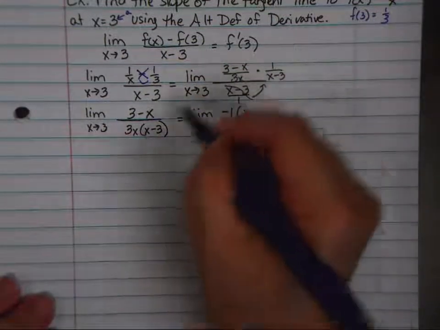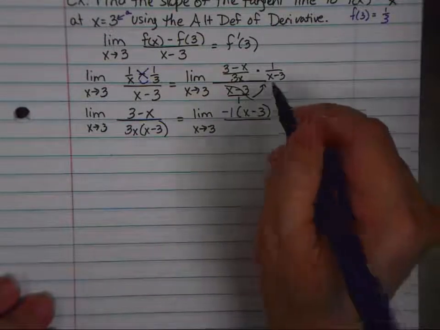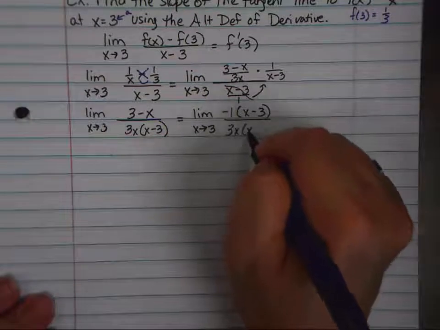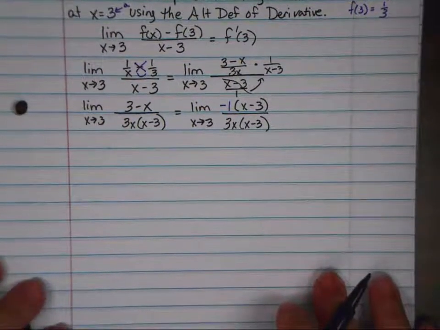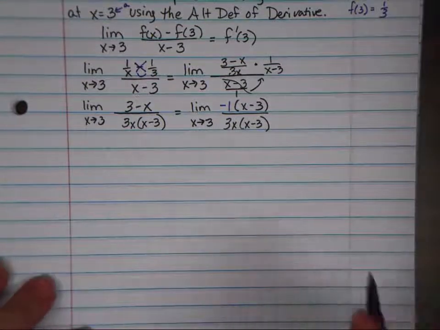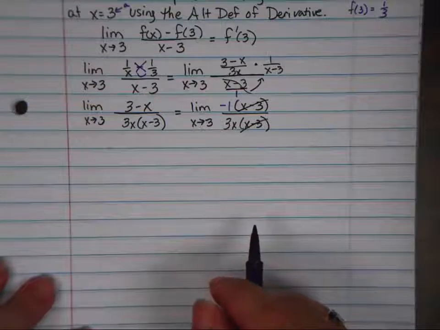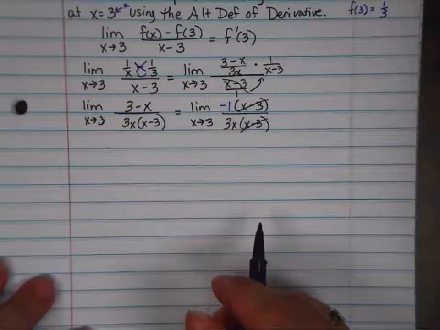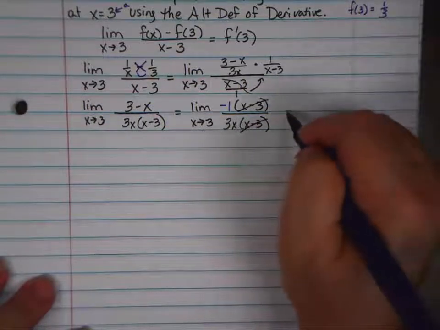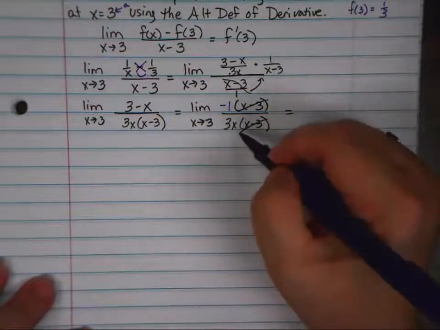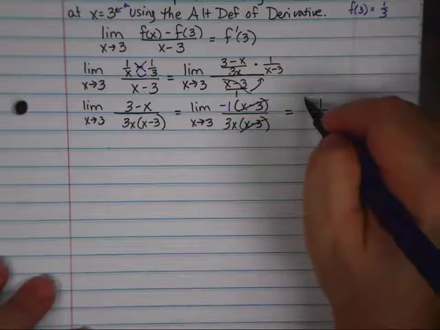That turns it into a positive x and a negative 3, so I just turn the whole thing around. Over 3x times x minus 3. And with a little bit of algebra magic, I can now cross out those x minus 3's. Now if I plug in 3 for x, am I going to get an answer? Yes. And that answer is, because I'm plugging in 3, I don't write limit anymore, negative 1 over 9.